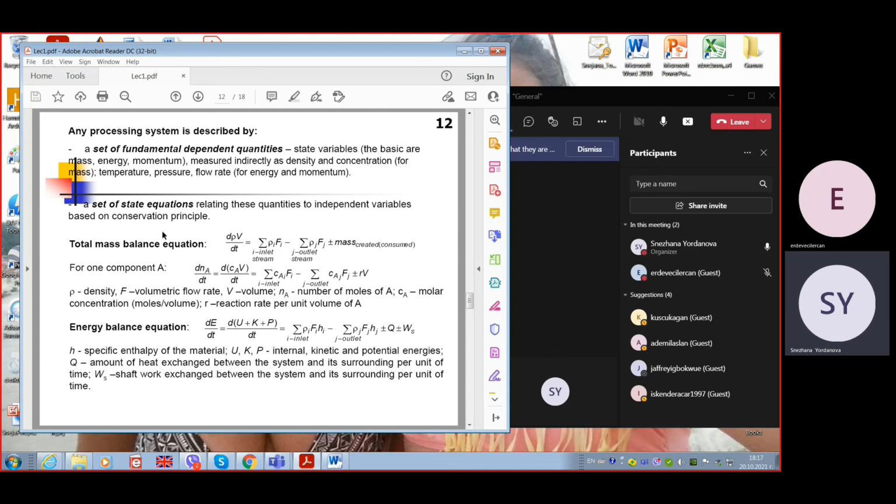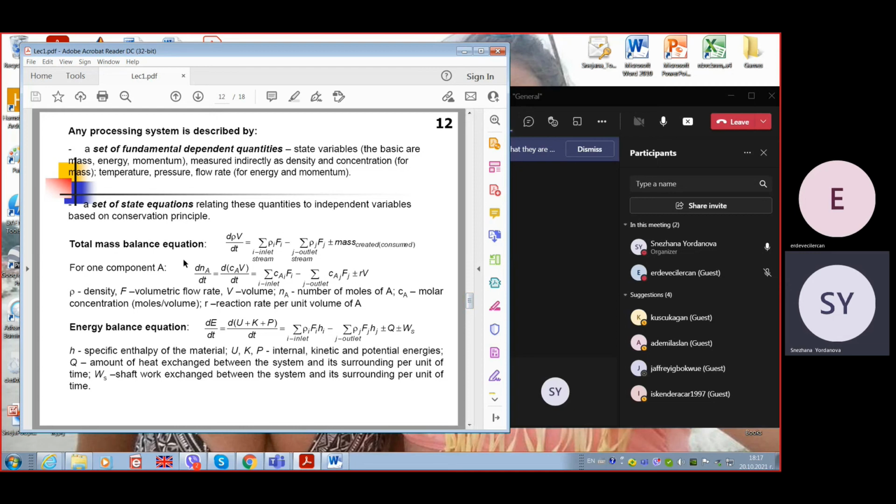This can be derived based on the conservation law. For our case, the mass balance equation, the energy balance equation, and the balance of forces in preserving momentum, the momentum balance equation.